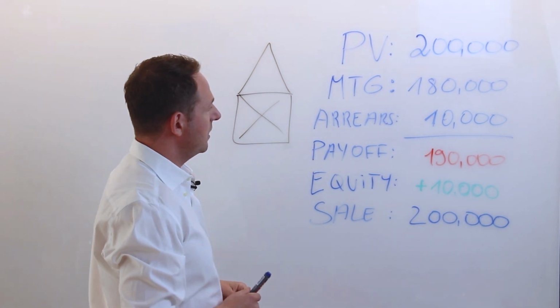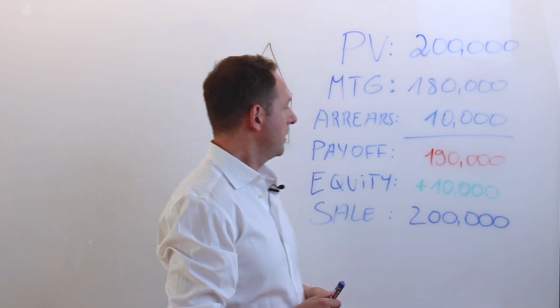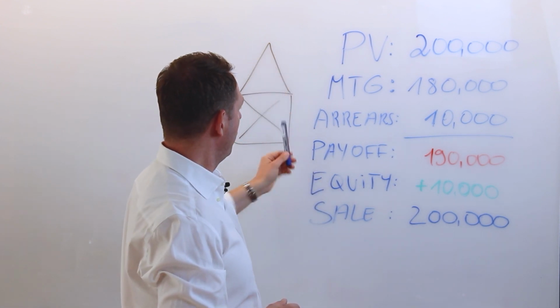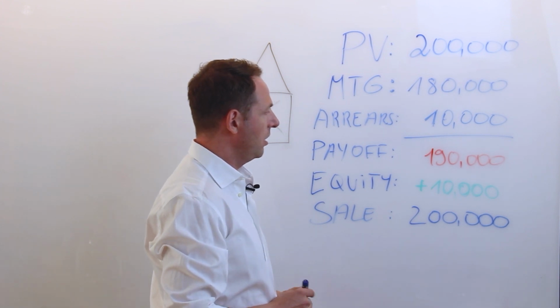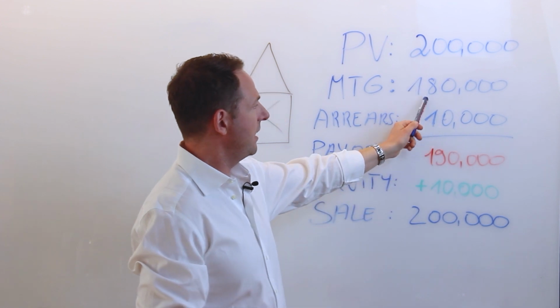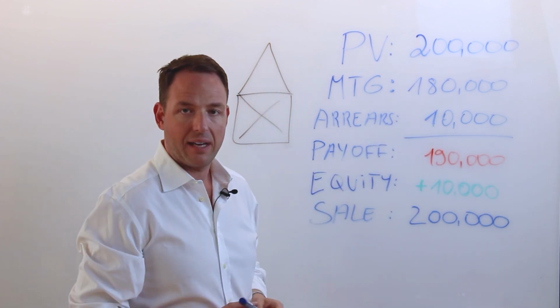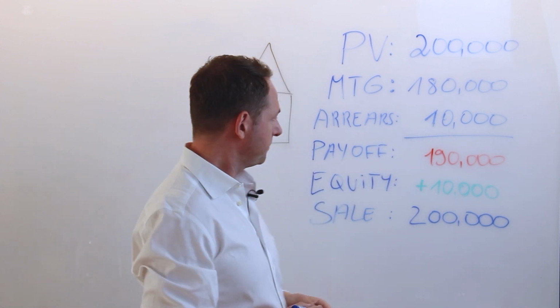Now, the total payoff of the loan, if the homeowner was to actually pay off the complete loan now, is $190,000. So that's the $180,000 unpaid balance plus the $10,000 in arrears.